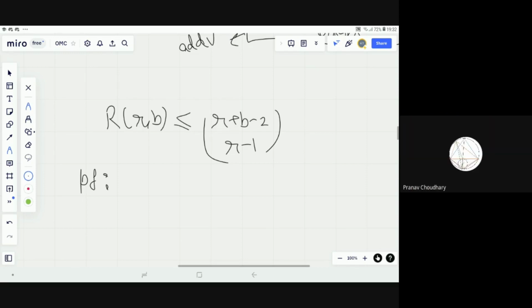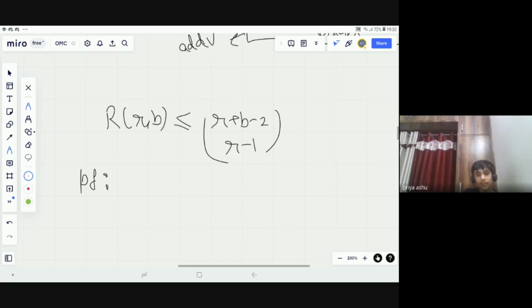Is this also by induction? Yes, we will induct on R+B, but we have no bound on R(R, B). Yes, the idea is right, we induct on R+B. So we can take the base case 5 or 6, it doesn't matter.